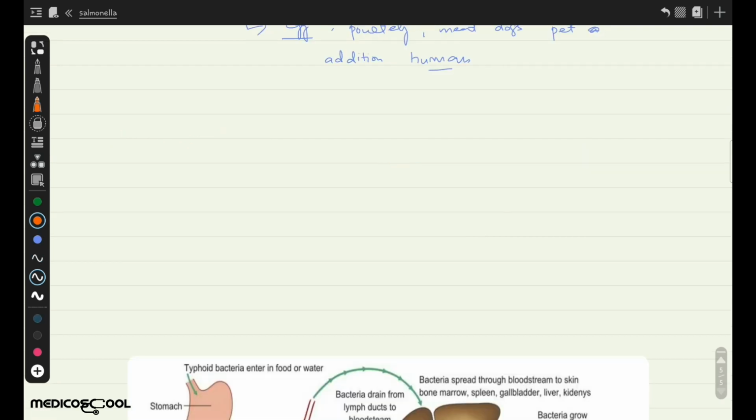Now, after studying the epidemiology, let's study the diseases which are caused by the Salmonella genus. In the disease, we will study the causative agent; second, the pathogenesis behind which they cause the disease; and third, their clinical findings.